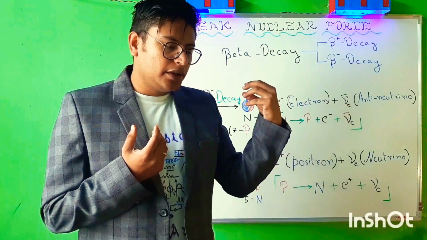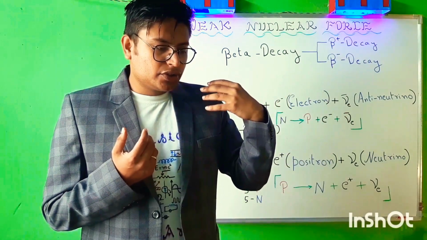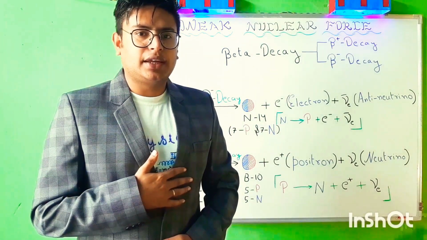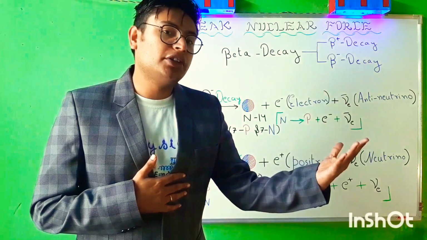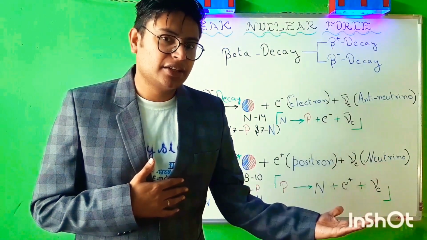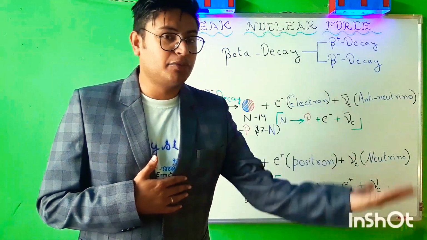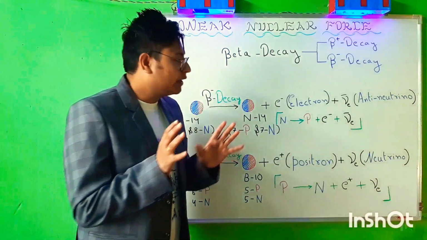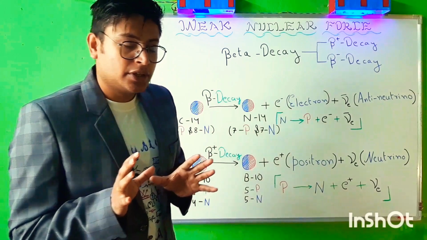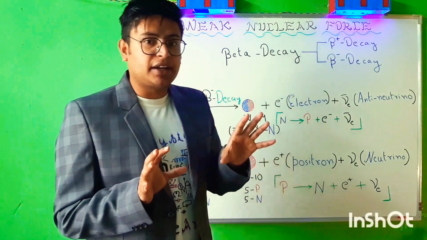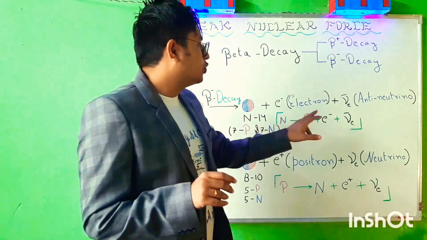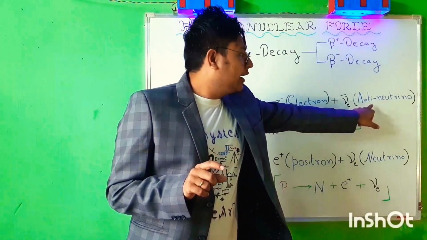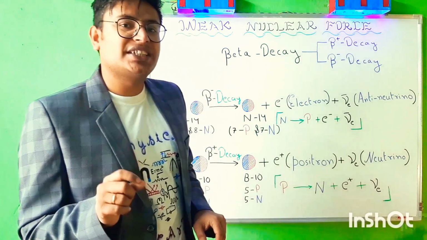I am Siddharth and there is someone just like me who is anti-Siddharth. In the same way, in the world of particle physics, we have this concept of matter and antimatter. So, an antineutrino is the antimatter of a particle known as neutrino.